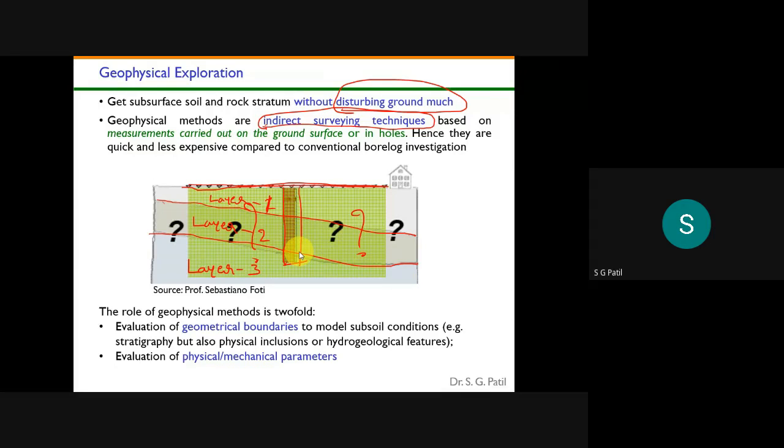Mobilization cost means, suppose you want to drill a borehole in Bijapur, but in Bijapur there are no borehole drillers. You have to hire them from some other city, like Hubli or Bangalore. So they will ask you to pay some mobilization cost.